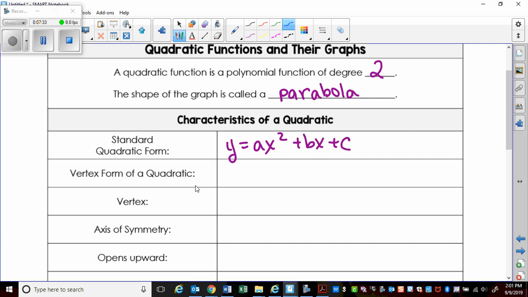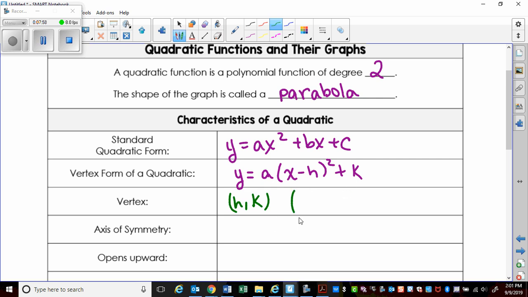We're going to learn how to complete the square to get the vertex form, which is y equals a times x minus h squared plus k. My vertex in this form is positive h, positive k. Okay, we're changing the sign of this one, but not this one.